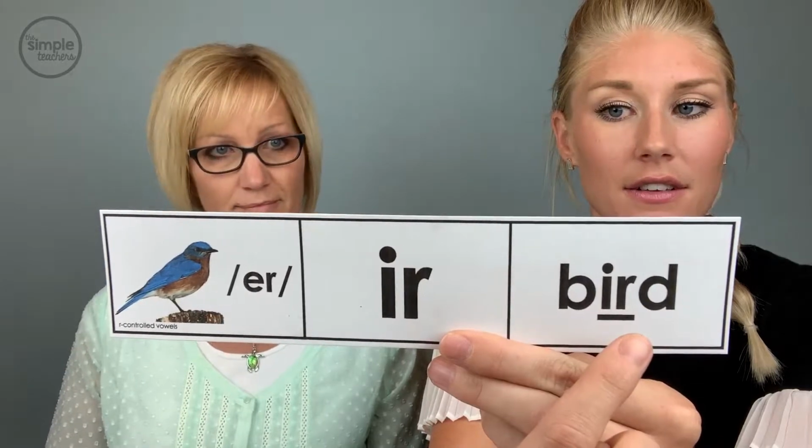Bird. I couldn't say my R's when I was little. Me either. So that can create problems, right? Yeah. So what suggestions do you have for us as teachers if we have students who cannot pronounce R correctly? When they're reading, accept their pronunciation, and then if it's age appropriate, refer them to the speech language pathologist.